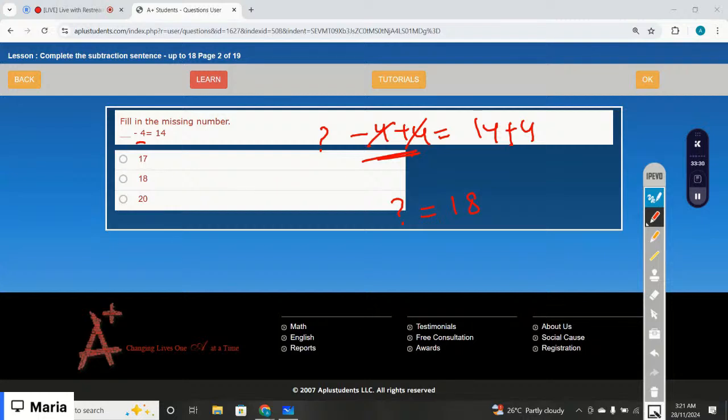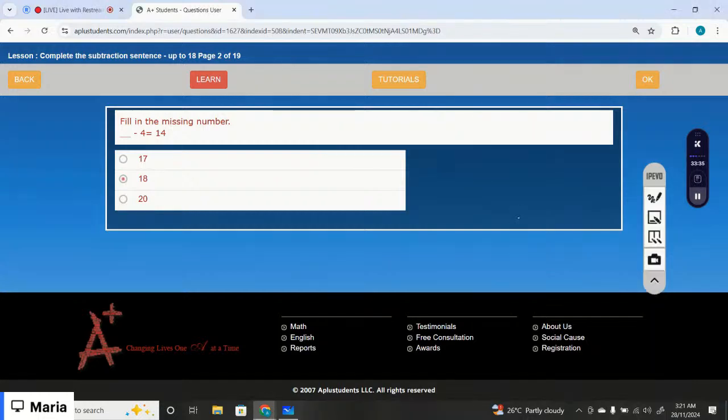The correct option is 18. Option number 2 is the correct option. Let's just look at the next one.